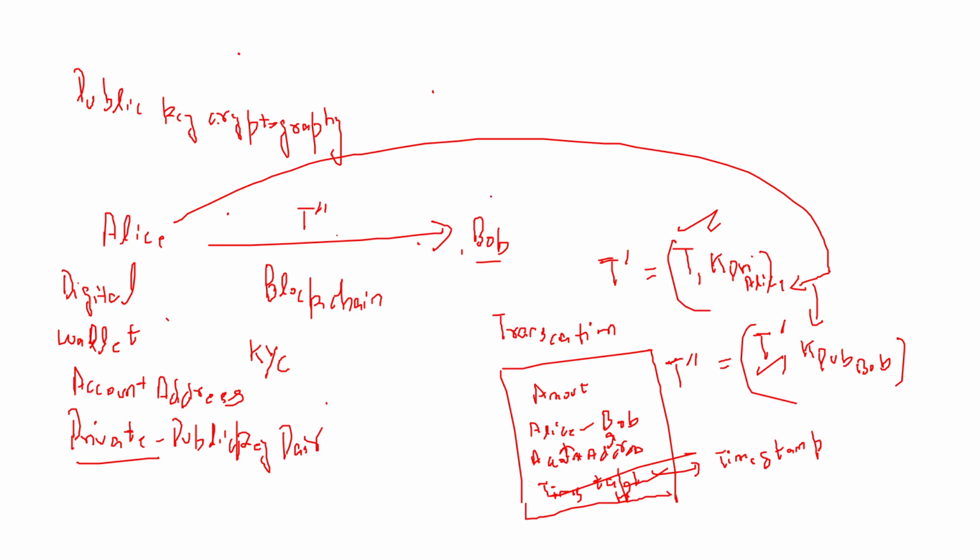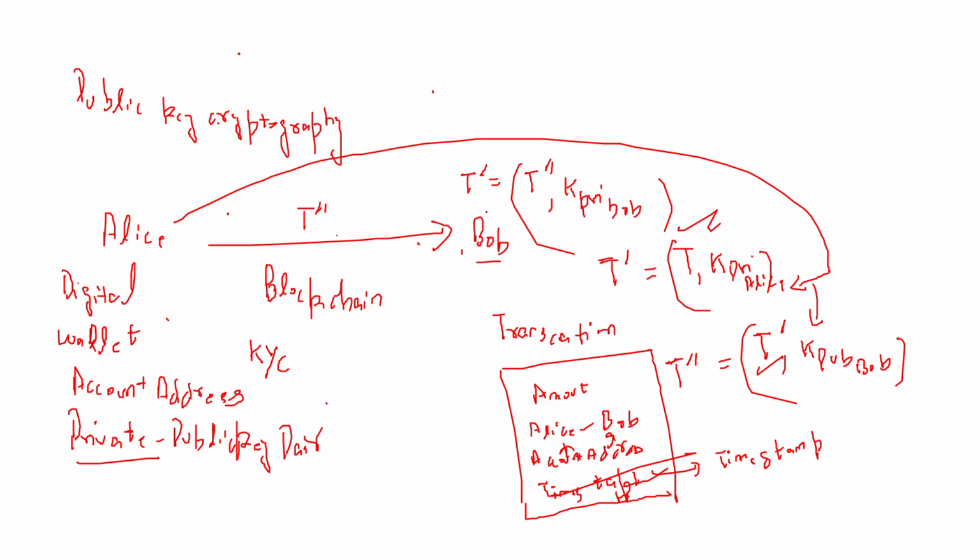Bob is able to obtain T dash by using his private key.